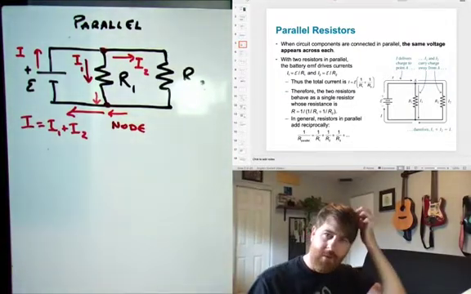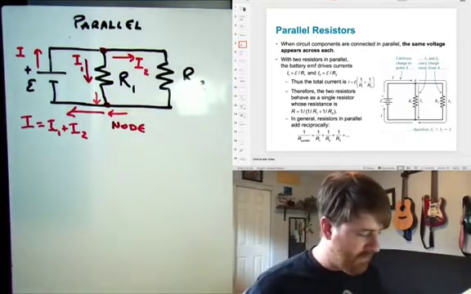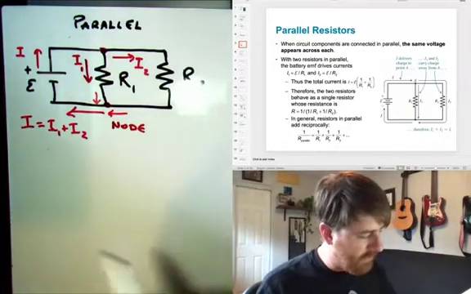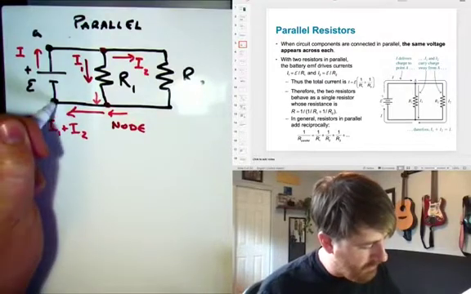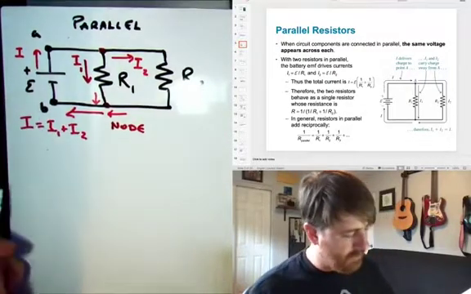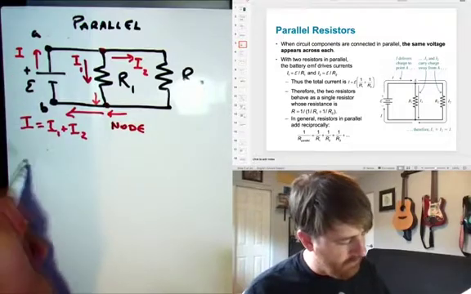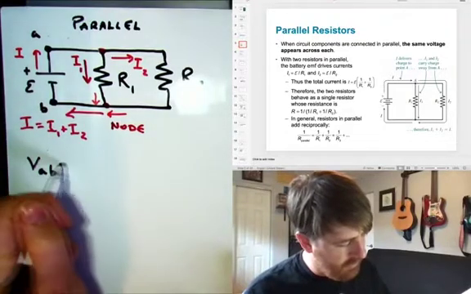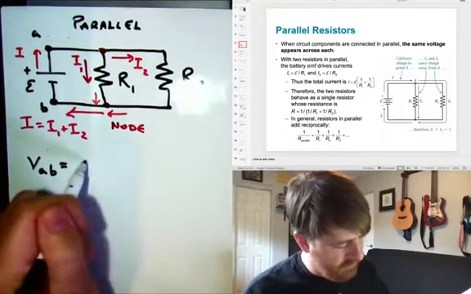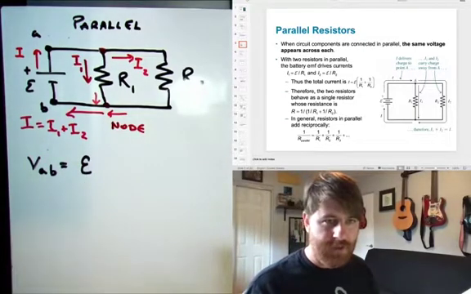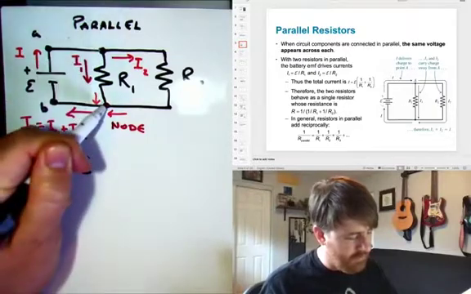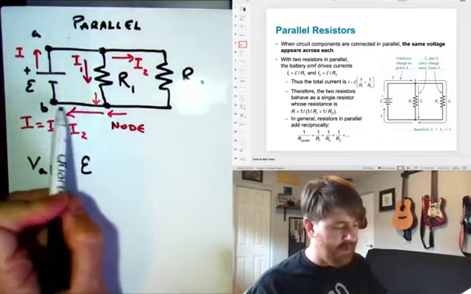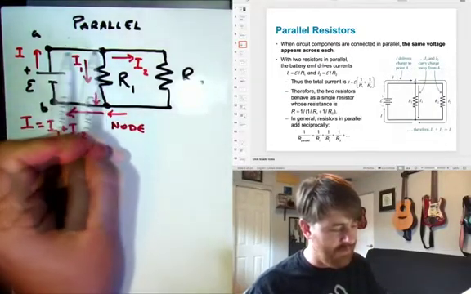Okay? But what we can see is, since these are ideal wires, if I label this point A and I label this point B, the potential across the battery, VAB, equals the EMF, but that is the same as the potential across R1. Since these are ideal wires, there's no change in potential across them.